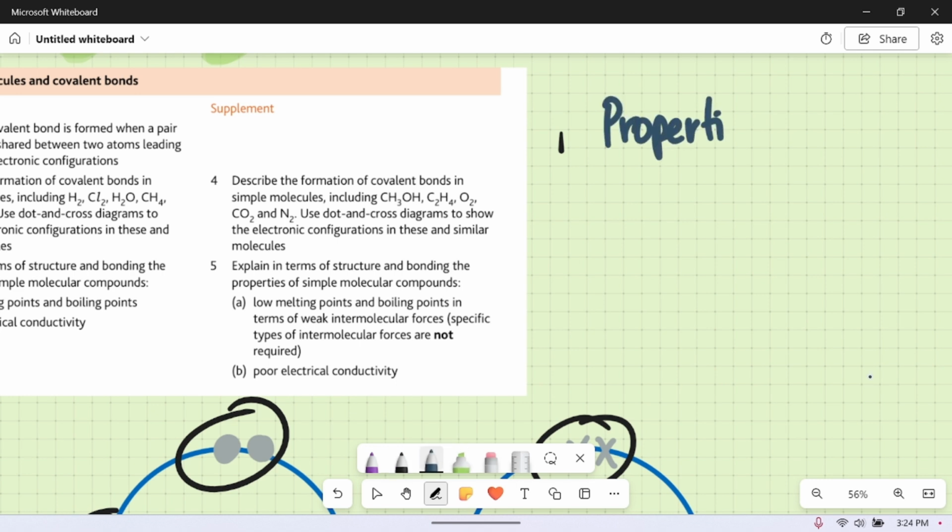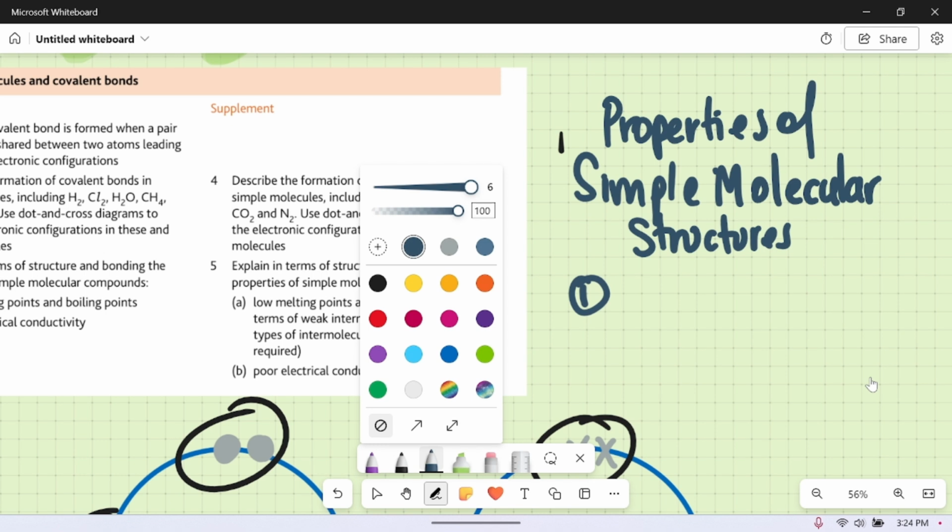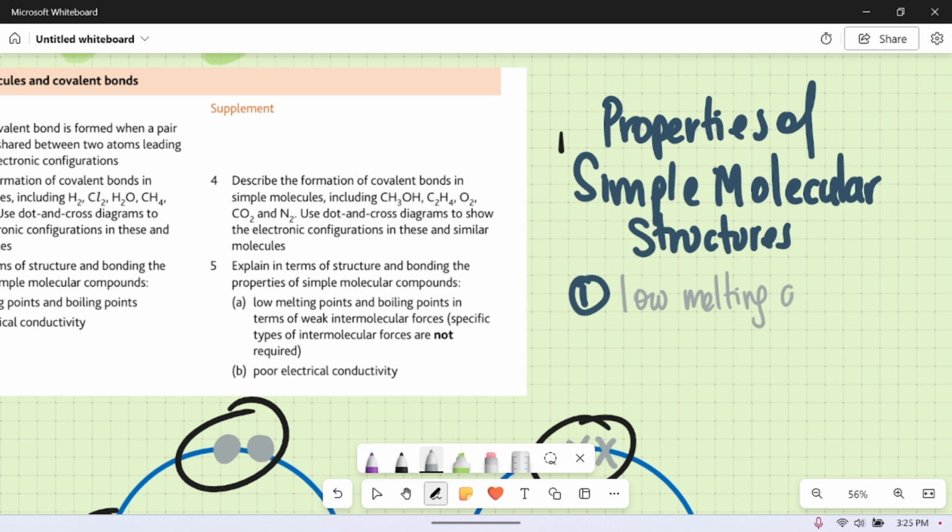Properties of simple molecular structures. The first one is they have low melting and boiling points.